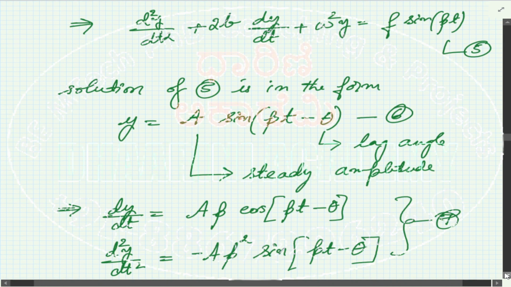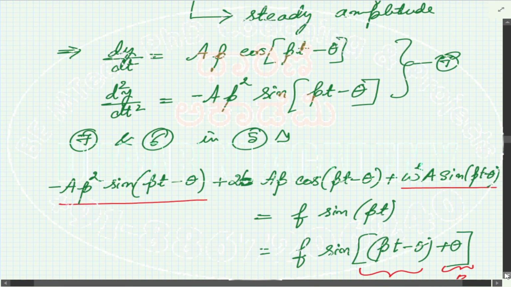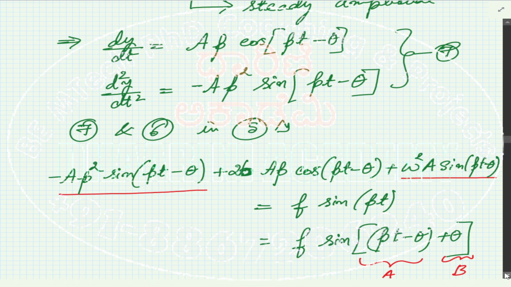Now let's find dy by dt and d²y by dt². As you can see, they are straightforward. dy by dt is a p cos(pt minus theta), and d²y by dt² is minus a p² sine(pt minus theta).